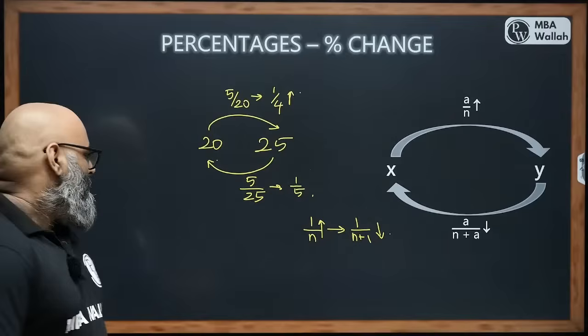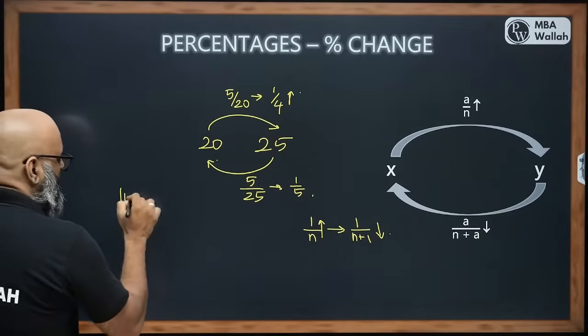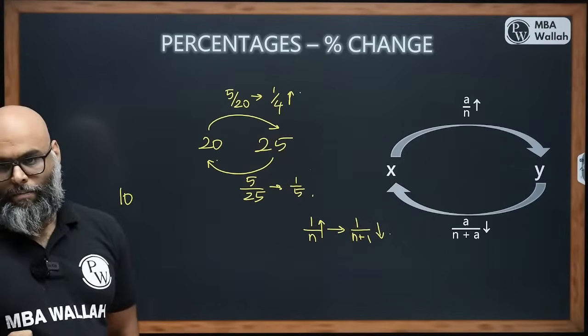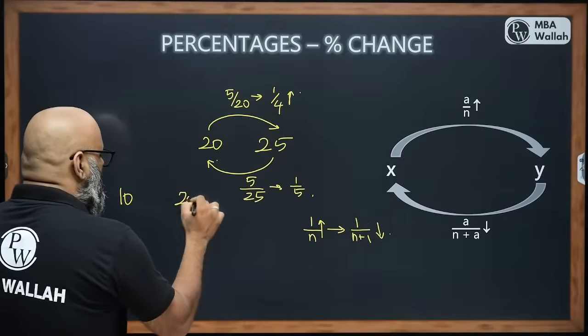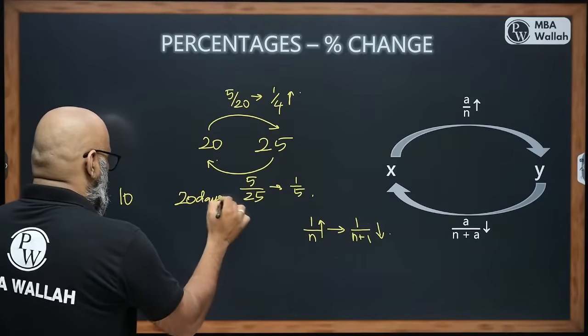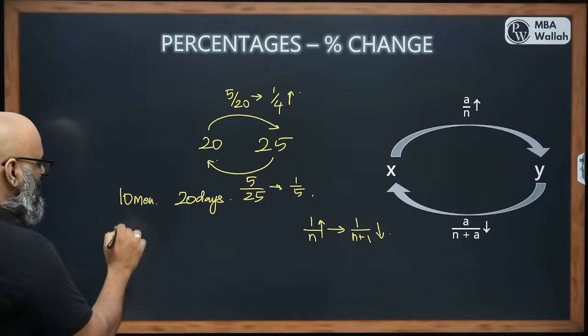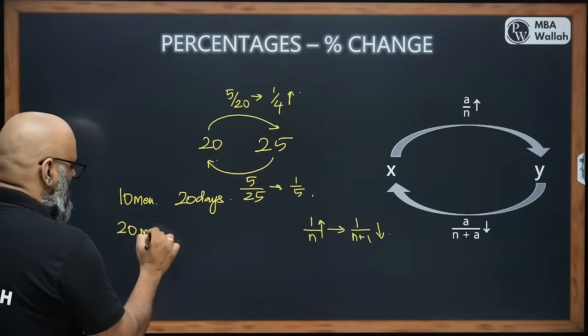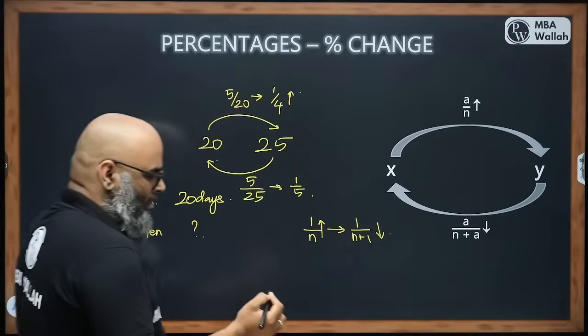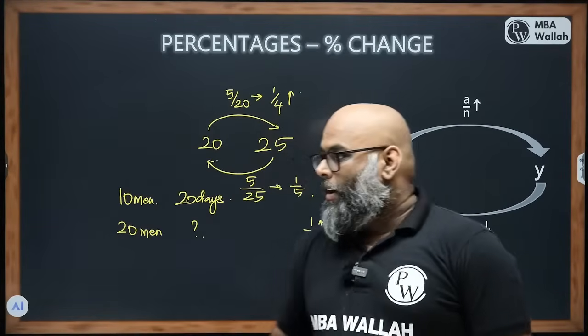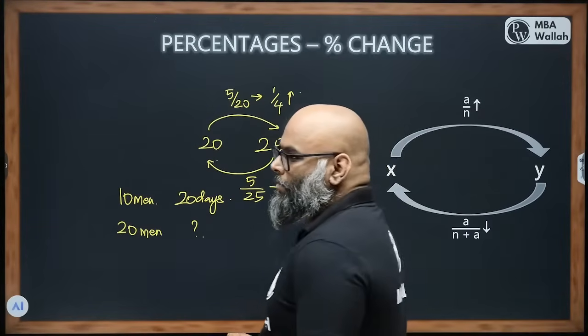Imagine this. If I say there are 10 people working on a job, they will take 20 days. 10 men, 20 days. If there are 20 men, how many days?